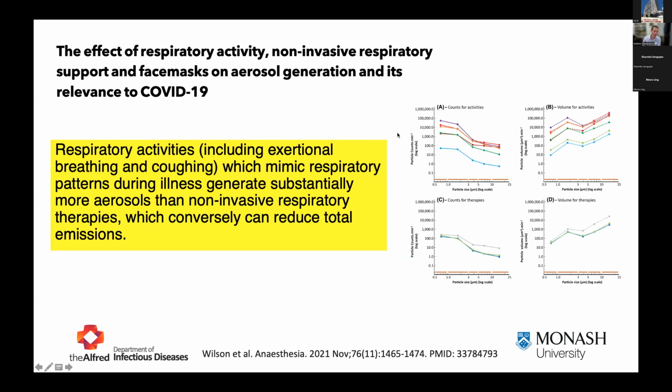And so the conclusion here was that respiratory activities, which they claim mimic respiratory patterns during illness, generate substantially more aerosols than non-invasive respiratory therapies, which can in fact reduce total emissions.